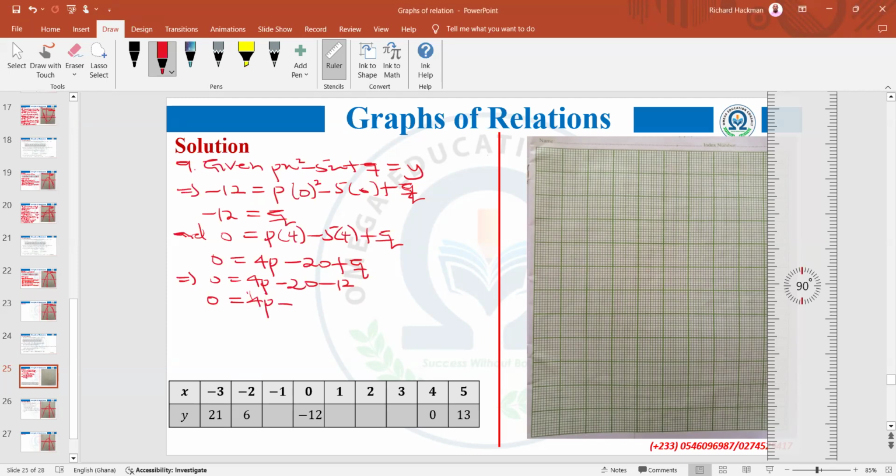Is it 32? Yes. So you move this one to the side. In my mind I know I'm moving this one to the side, but I'll still write it first. It's equal to 32. So 4p is equal to 32. I write it again before I divide. So that will give us p to be equal to.